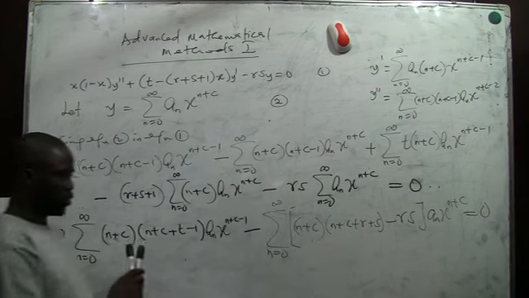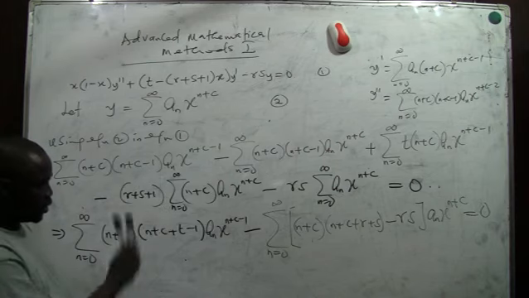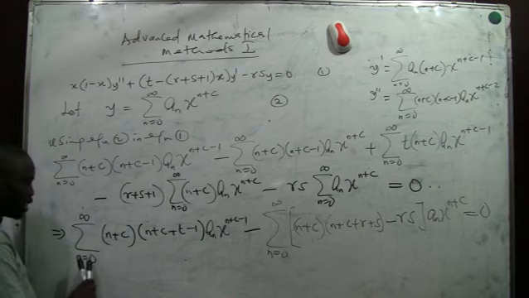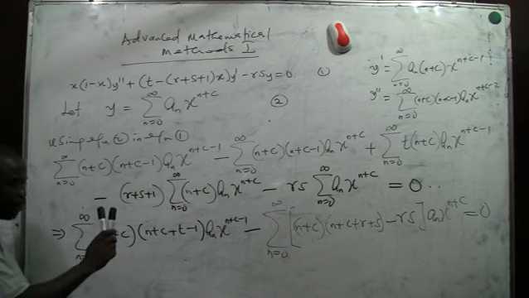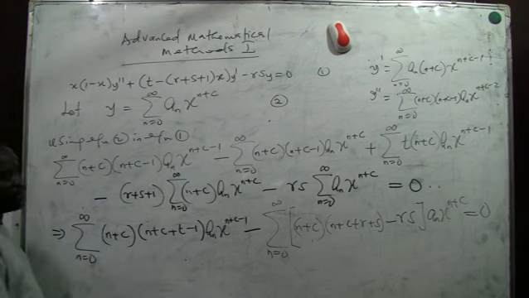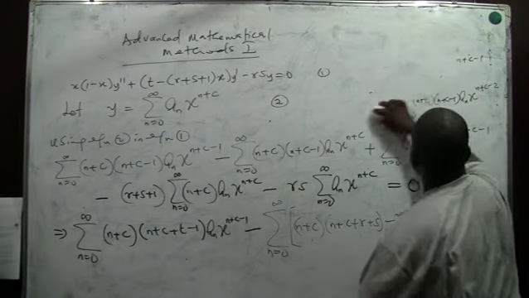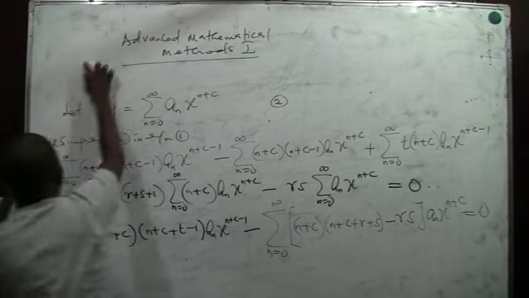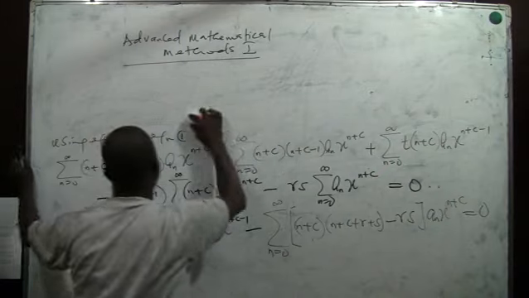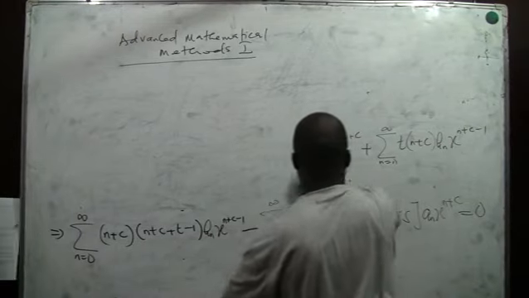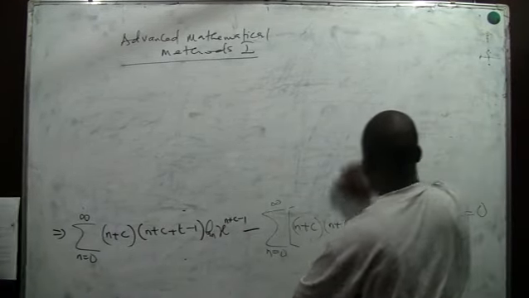The difference between n plus c and n plus c minus 1 is 1. So we are going to shift the counter of the least power by 1. We shift the counter forward by 1, then we move it backward again by 1. What do I mean? It simply means that I will evaluate the least power at the first counter, which is n equals 0. So let us do that and see what the results will be.